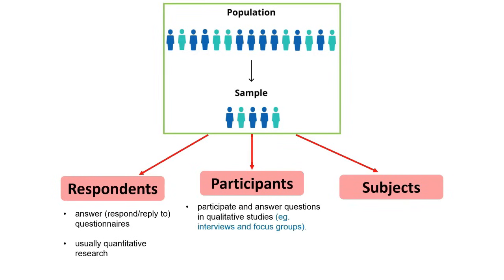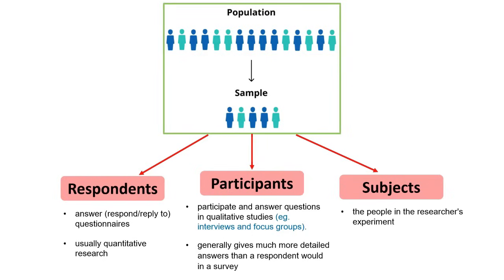Participants, on the other hand, participate and answer questions in qualitative studies, examples of which are interviews and focus groups. Because qualitative studies are more in-depth than quantitative, the participant in qualitative studies contributes more or is more active than the respondents to a survey or subjects in an experiment. The participant generally gives much more detailed answers than a respondent would in a survey.